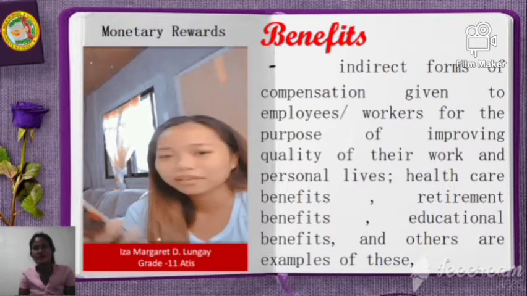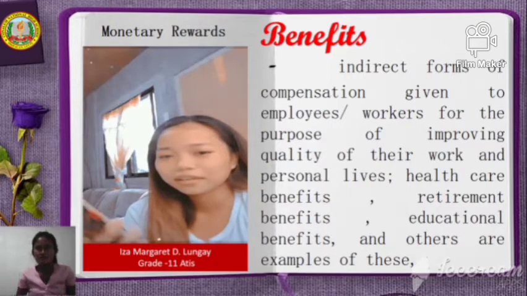Okay, thank you, Isa. So we see benefits are indirect forms. That means these are not money given right away to the workers or employees for the purpose of improving quality of their work and personal lives.